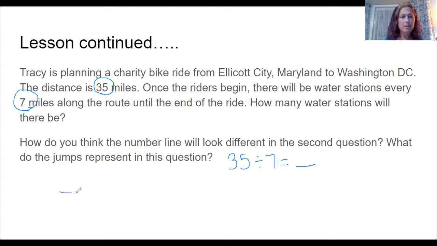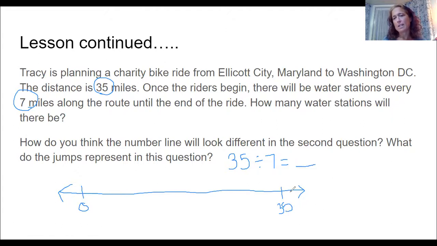Now here's our number line again. Okay, but we have to think about how this will look different than the other one. So again, we have 0 here. And at the other end, we have 35, because it's a total of 35 miles. They're starting here and they're traveling 35 miles to the end.